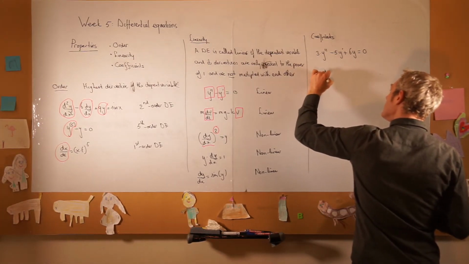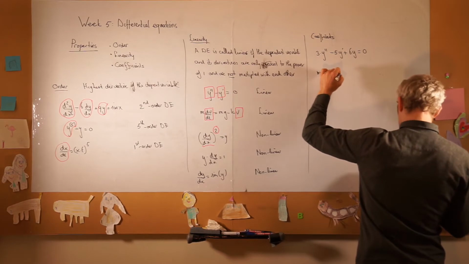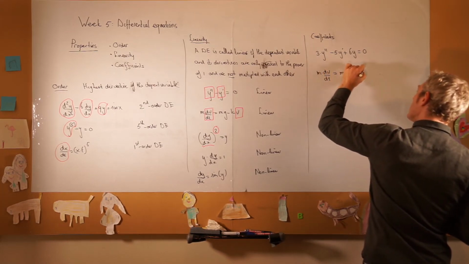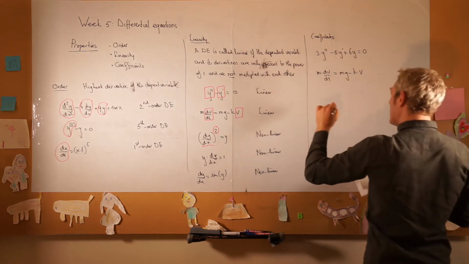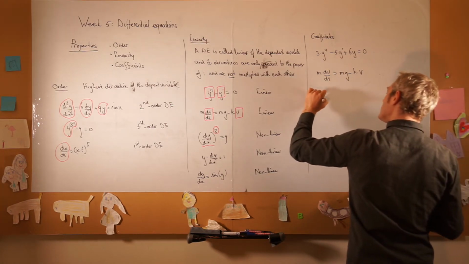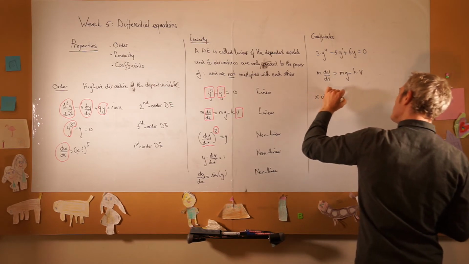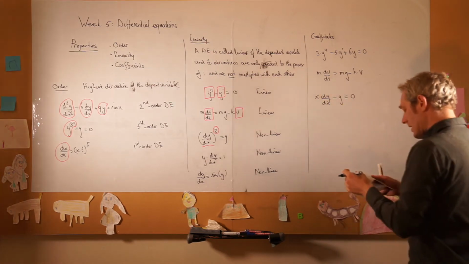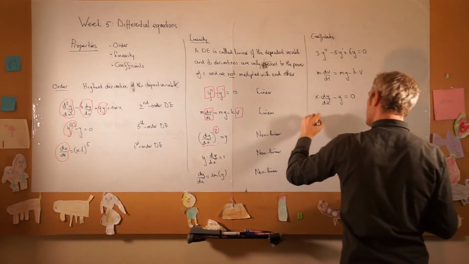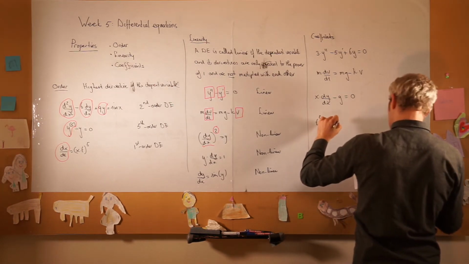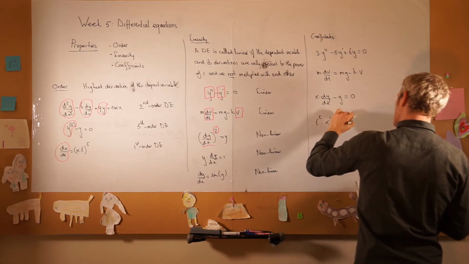M dv dt is equal to mg minus k times v. And let's have one x times dy dx minus y equals 0, and t squared times the first derivative of x plus x is equal to t.